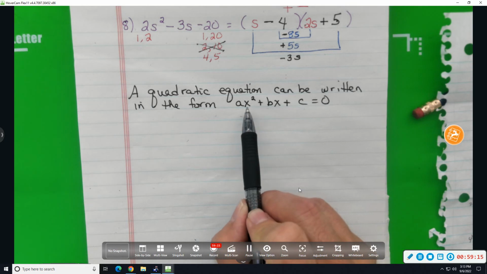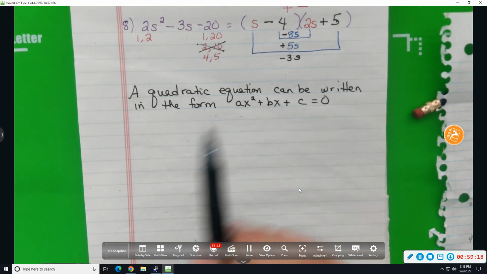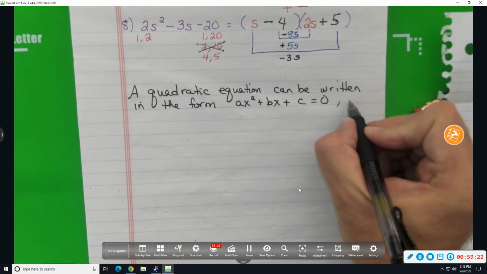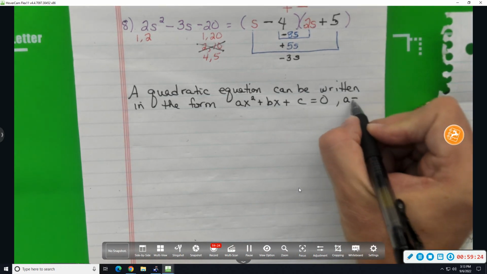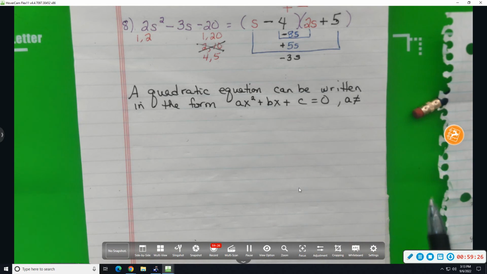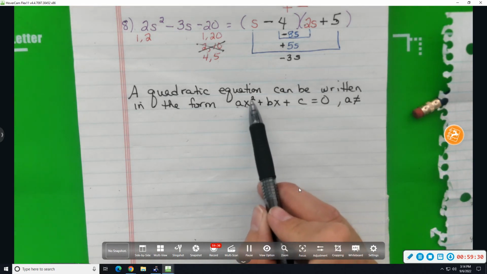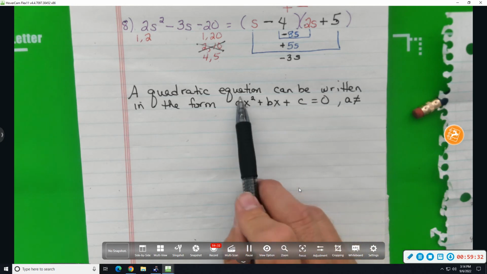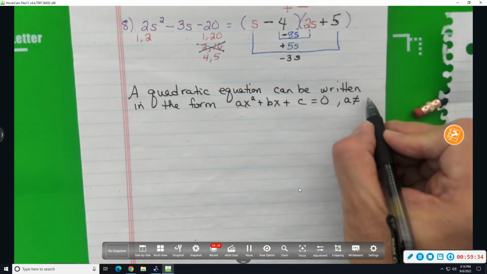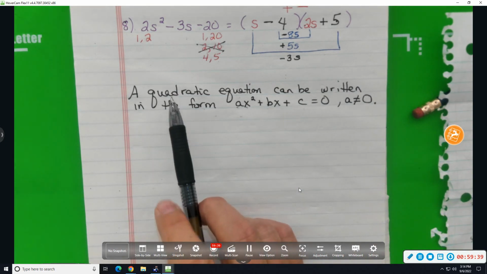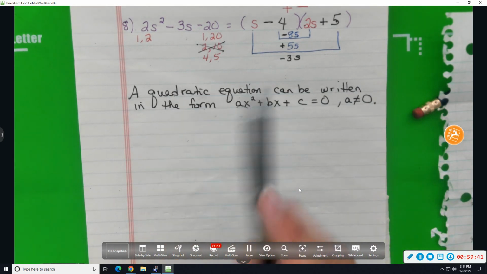If it must have an x squared term, then if we want this to be a formal definition, we have to make another statement. A cannot be what number? What's the one number that A can't be if there's going to be an x squared there? Not 1. 0. Okay? 0 times anything is 0. So if you have a 0x squared, there's no x squared.